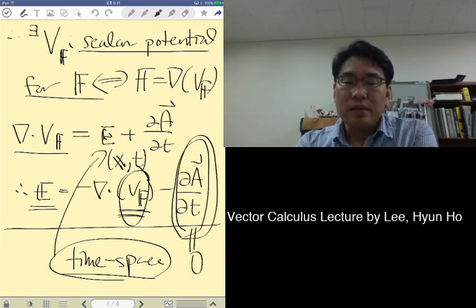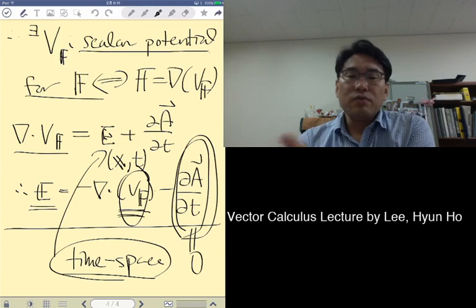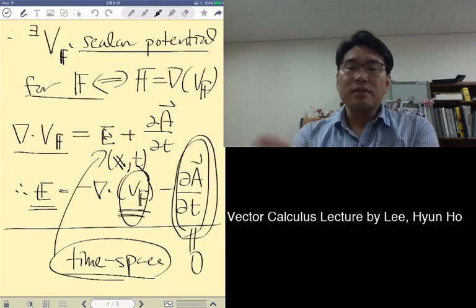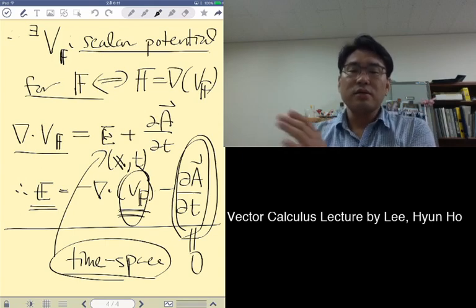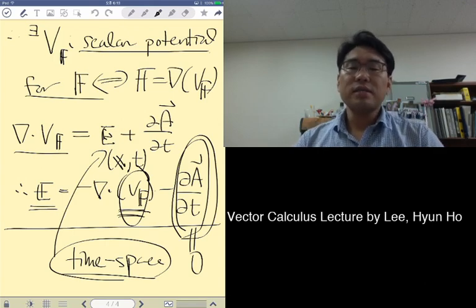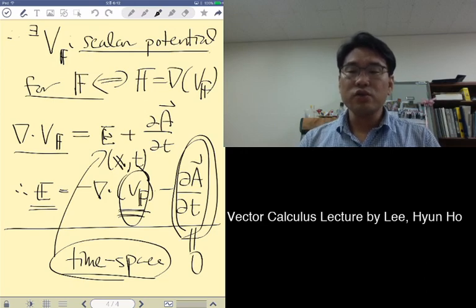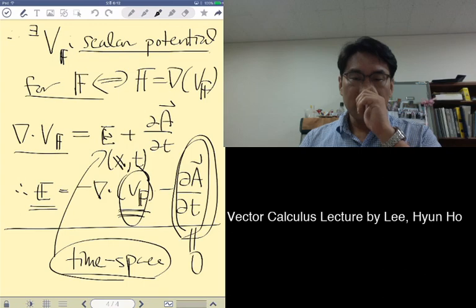But in this elementary course, one reason is that our mathematics students are not acquainted with these physics laws, and secondly, it's not easy to find solutions of Maxwell's equations.